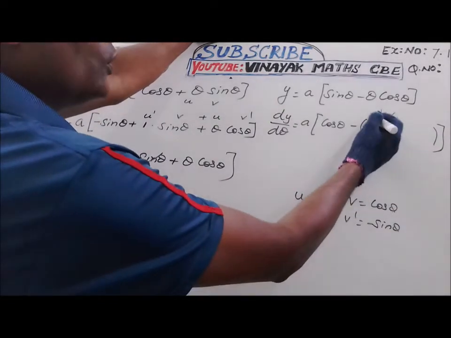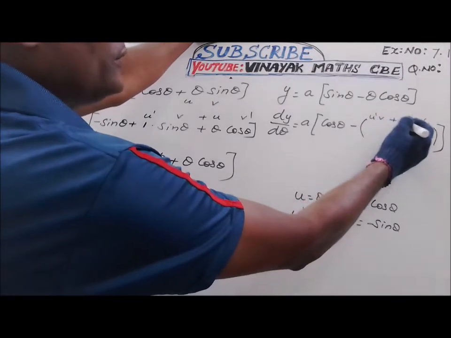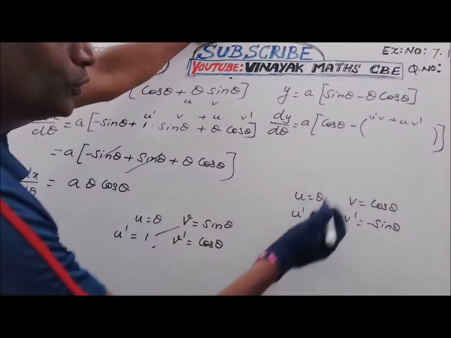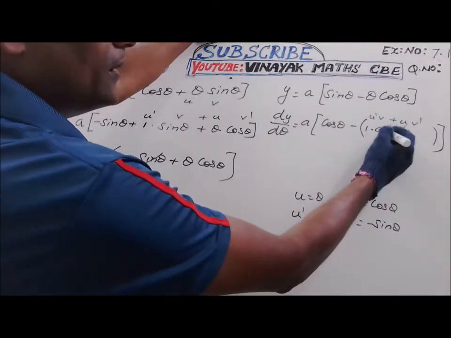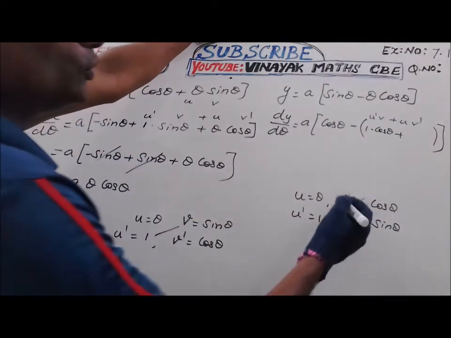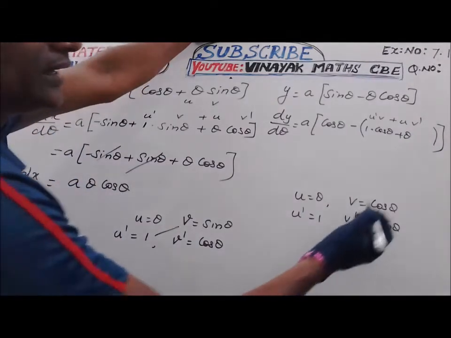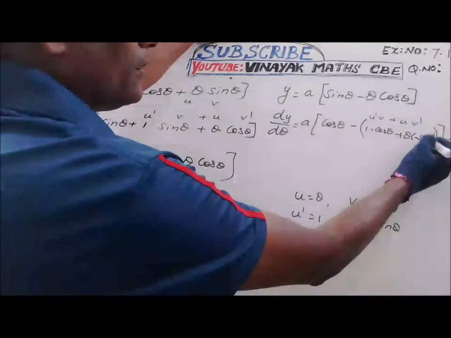Substituting here, u dash v plus u v dash, u dash is 1 into v is cos theta, plus u, that is theta, into v dash is minus sin theta.